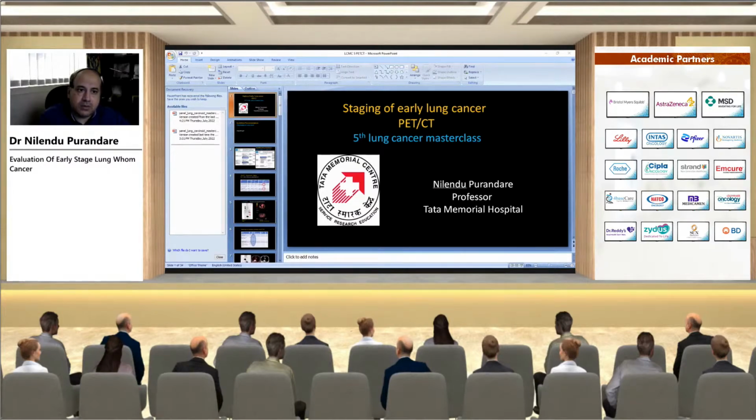So that's how PET has been very useful in very early, potentially operable patients of lung cancer, as well as patients who are amenable to chemoradiotherapy. So in these settings, PET has been extremely useful.